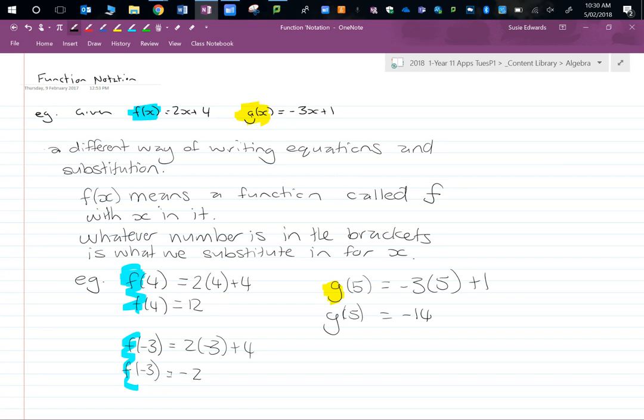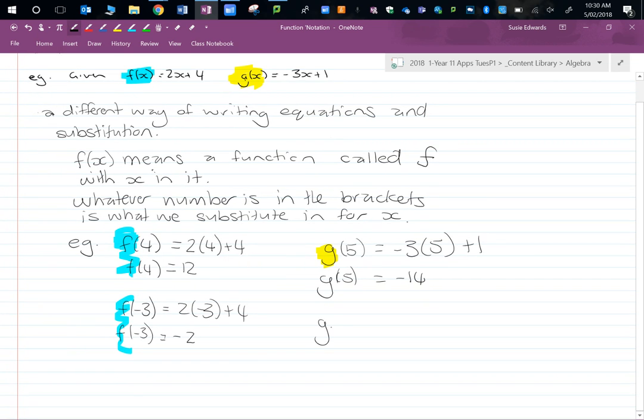We getting there? Okay. Do one more simple one, and then I'll give you one tricky one, and then we're kind of done. So g of -2.